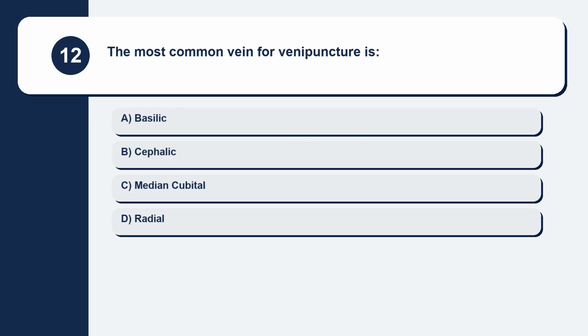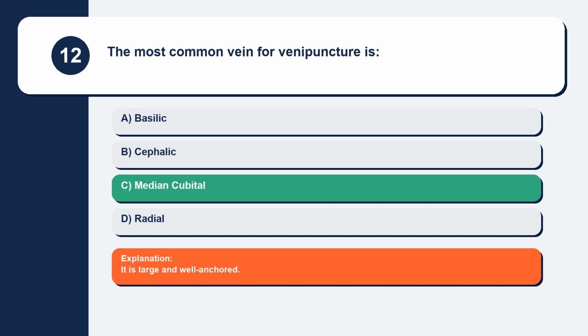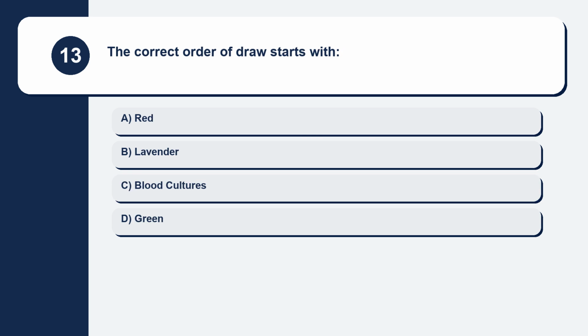Question 12. The most common vein for venipuncture is: basilic, cephalic, median cubital, radial. It is large and well anchored. Question 13. The correct order of draw starts with: red, lavender, blood cultures, green.